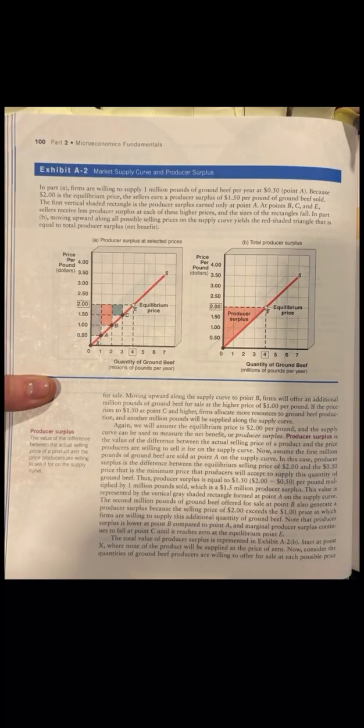In this case, producer surplus is the difference between the equilibrium selling price of $2 and the 50 cents price that is the minimum price that producers will accept to supply this quantity of ground beef. Thus, the producer surplus is equal to $1.50 per pound, multiplied by 1 million pounds, which is a $1.5 million producer surplus. This value is represented by the vertical gray shaded rectangle formed at point A on the supply curve.